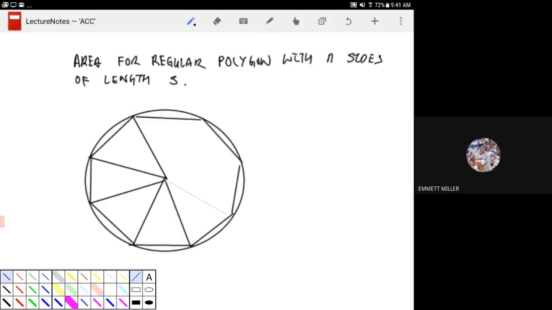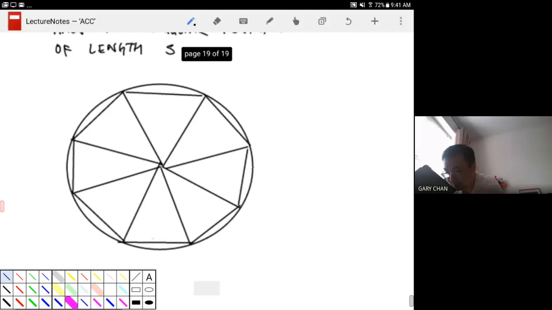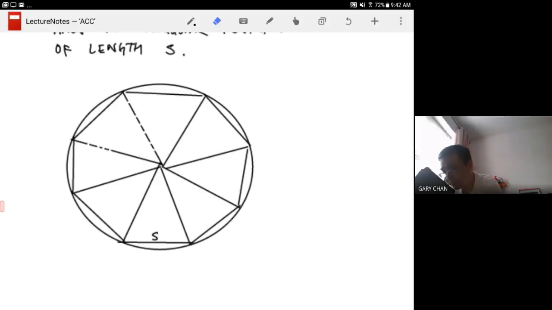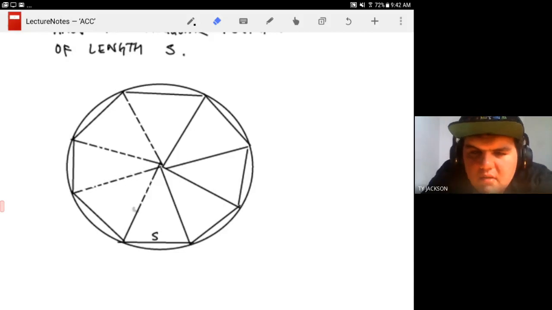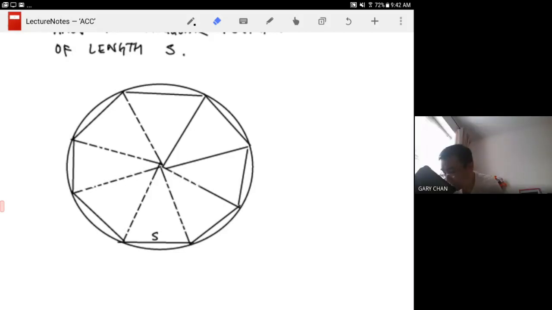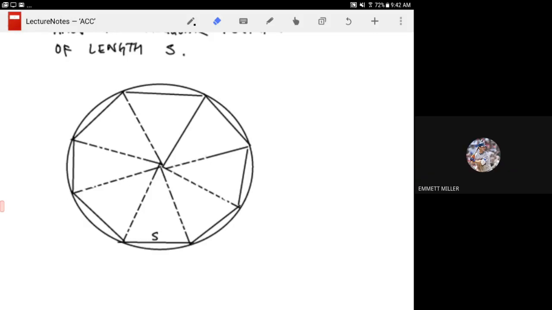But how do we know to inscribe in there if we don't know how many sides? You're right. We don't know. Wait, what was the question again? Emmett?